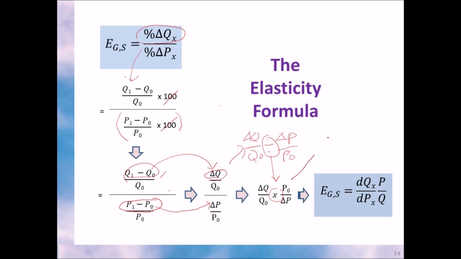When we multiply these two, it becomes change in Q times P0 divided by Q0 times change in P. So we can rewrite into change in Q times P0 divided by, we put the change in P at the front, change in P times Q0.